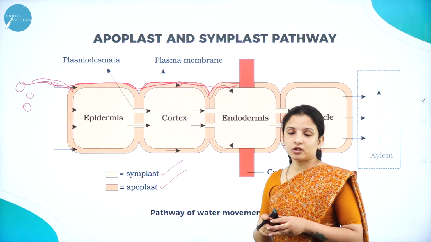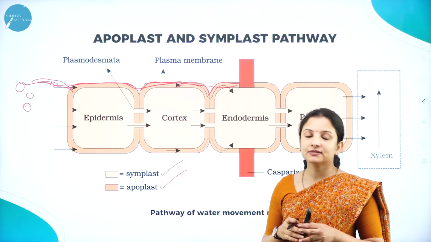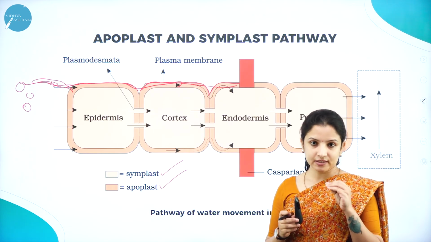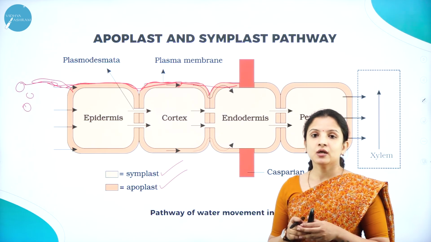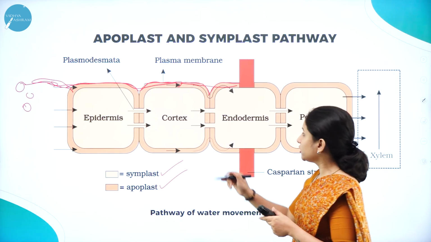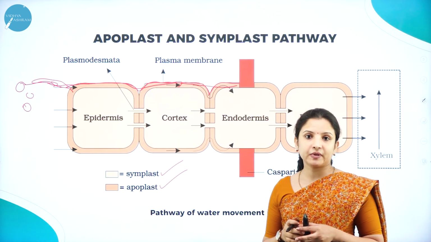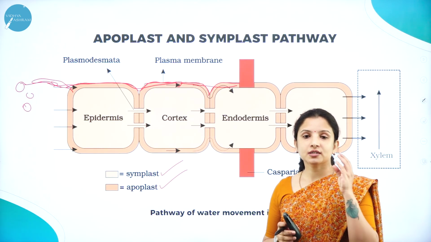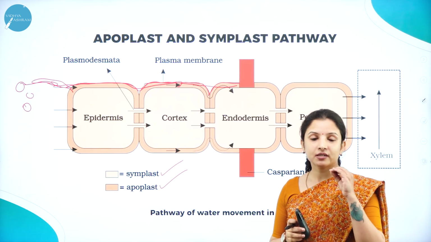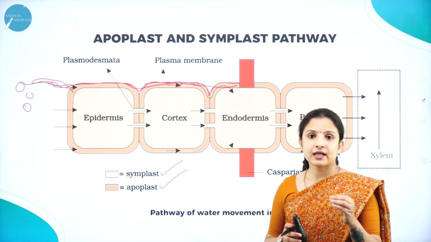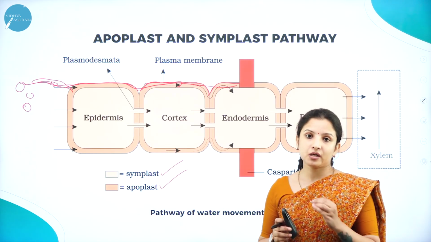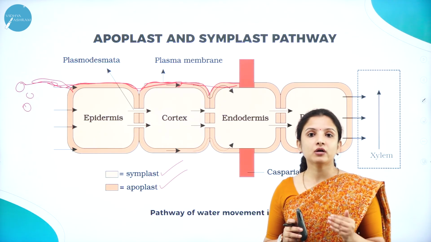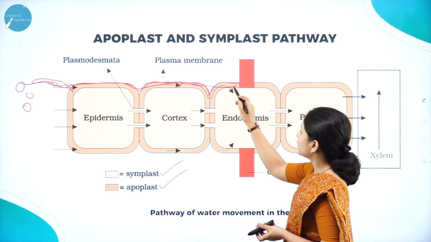In the endodermis, in some of the plants, there is presence of Casparian strip. If the Casparian strip is present, what happens? The water molecules cannot pass through the Casparian strip. Why? Because the Casparian strip present in the endodermis contains suberin deposition, and this suberin is impermeable to water. That is, it will not allow the water molecules to pass through.